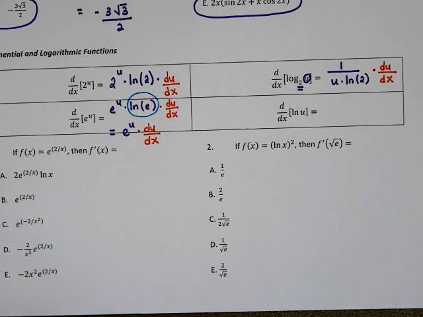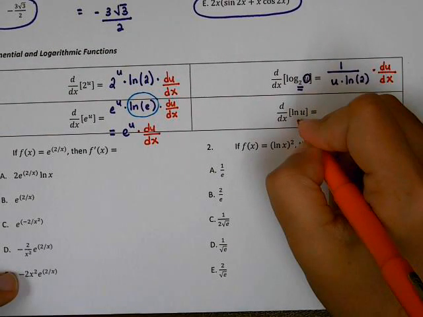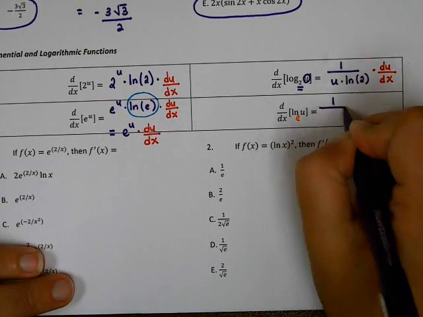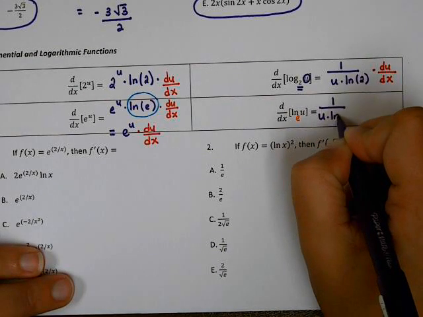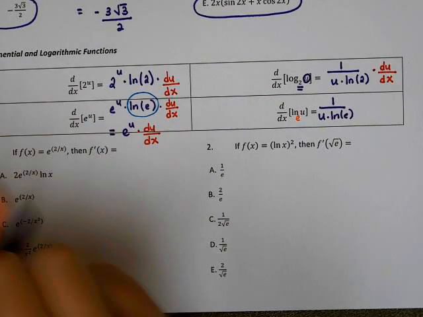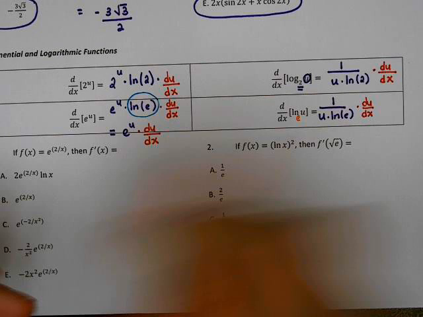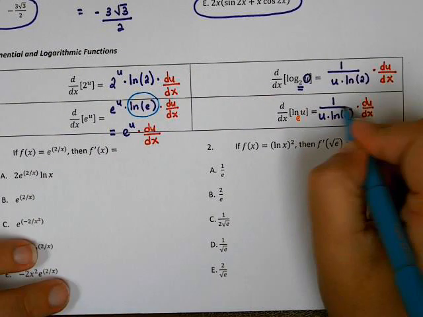Now there's a specialized example here for when we have a natural log, because the invisible base here is an e. So when we do this rule with natural log, we're going to have 1 over u times the natural log of e times du over dx. But the natural log of e is worth 1.